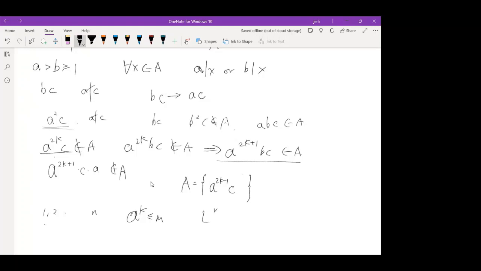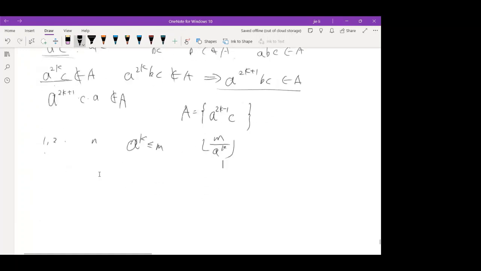Then you have m over ak of those that are multiples of ak, and the total number for this one will be m over ak times (-1) to the k plus 1 power, k from 1 to infinity.